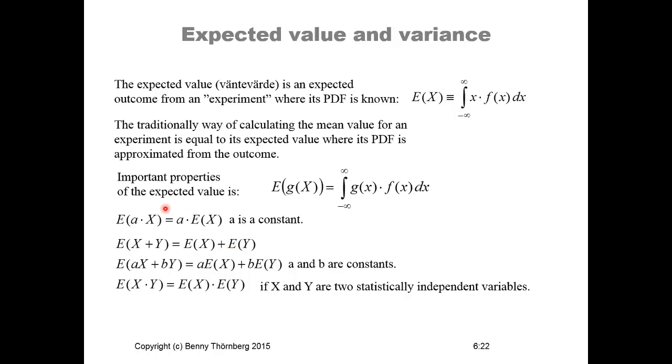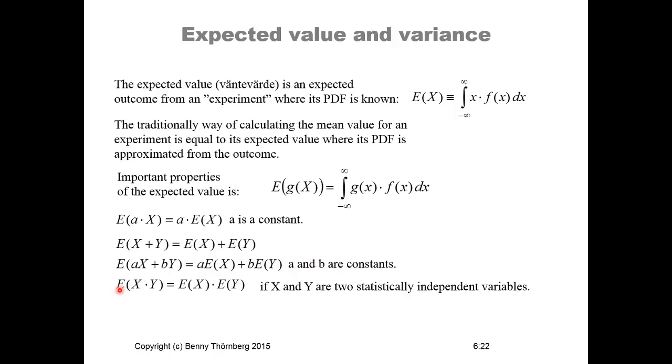Then we have the linear combination of those two. So the expected value of a times x plus b times y is equal to a times the expected value of x plus b times the expected value of y, where a and b are both constants. Then we come to a more tricky rule here in the end.